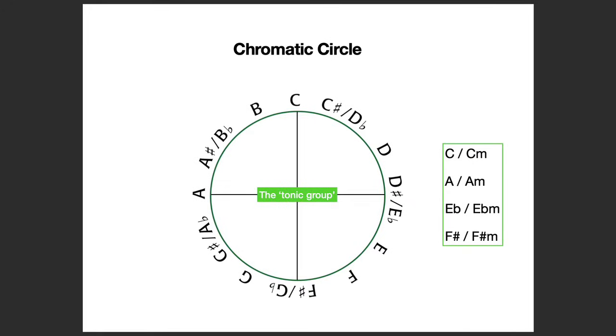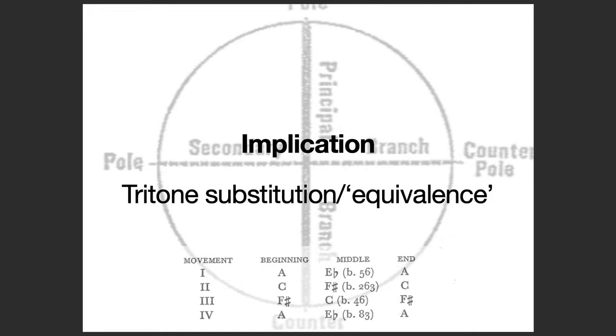So if we imagine a piece or a section of music in the key of C major, we will call this the tonic group. So here's our first compositional implication, and also a way that we can understand Bartók's key structures. This tonic group would imply that there is some sort of linking equivalence or connection between chords a minor third and particularly a tritone apart.